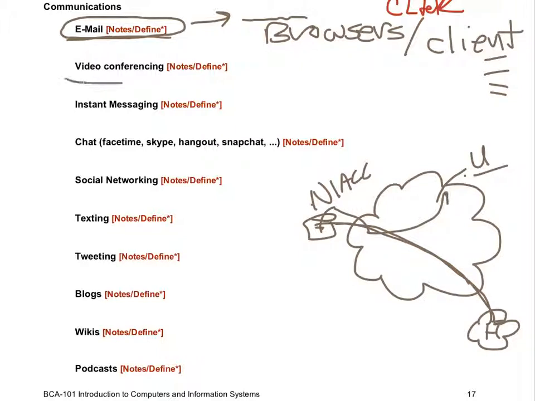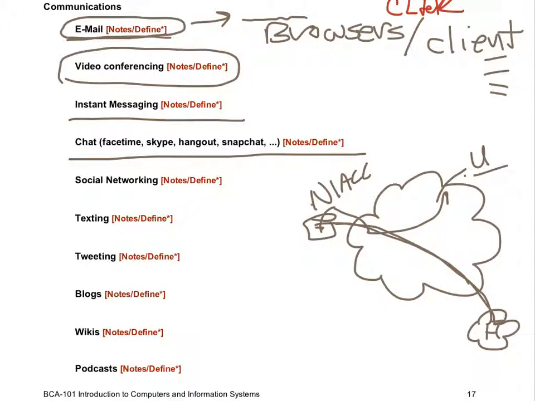We can use the internet to video conference and Skype and Google Hangouts and so forth. We can send instant messages through the internet. We can do chat through the internet, through all kinds of different ways of just chatting and visiting with people. Social networking, Facebook, MySpace, Google Plus, and so forth.